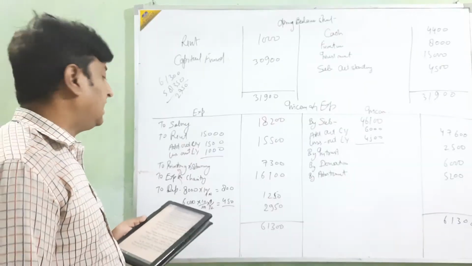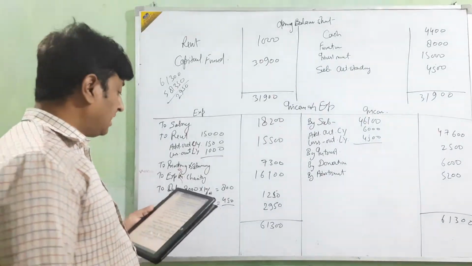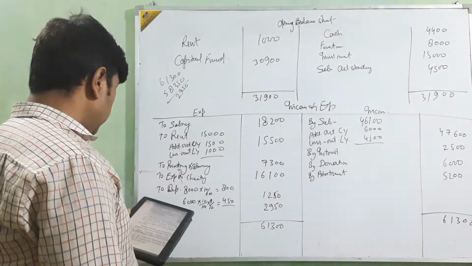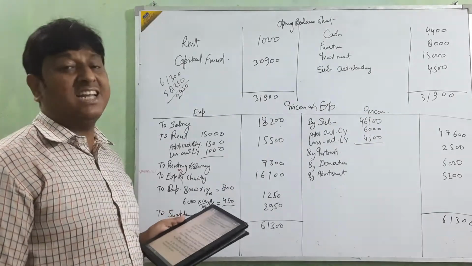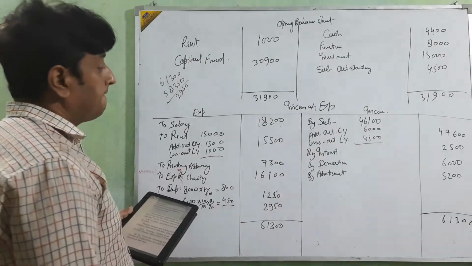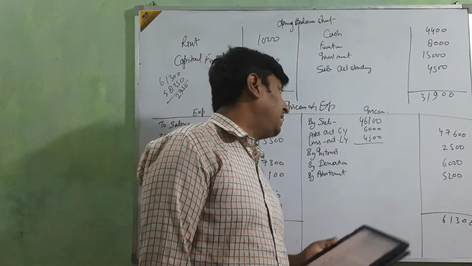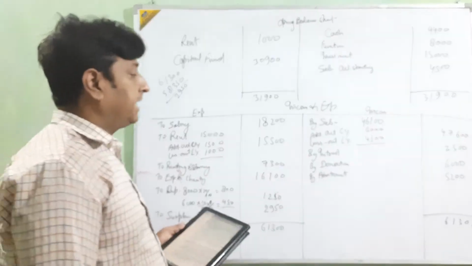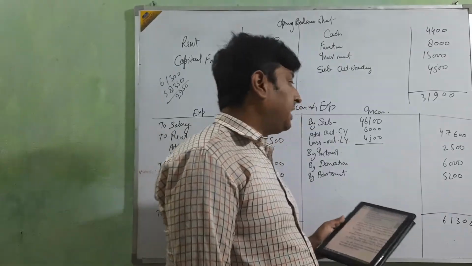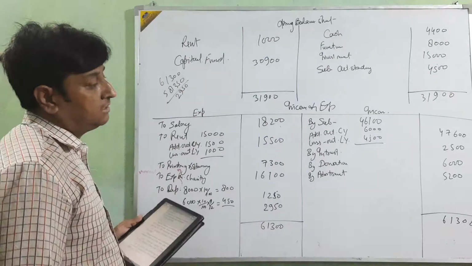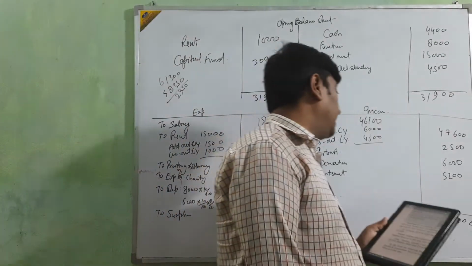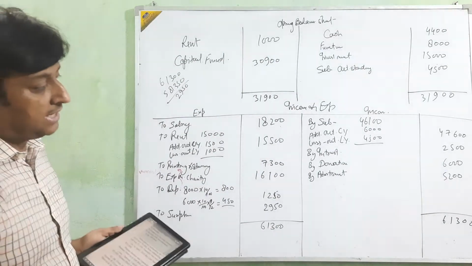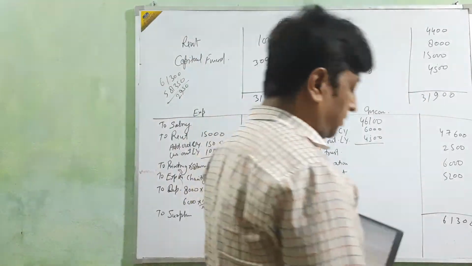Two furniture items are there, one old 8,000, new 6,000 purchased on 1st April, so only 9 months depreciation will be charged. Then this side subscription, add outstanding current year, less outstanding last year, then interest 2,500, donation 6,000, and then receipt for advertisement, that amount is 5,200.